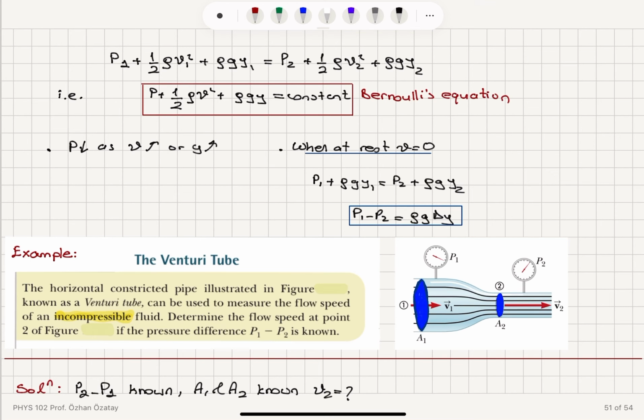And as the velocity of the particles increases, the pressure will decrease. And as y increases, pressure will decrease also. And when the particles are at rest, P plus rho gy is a constant. We have seen one application for the Venturi tube where there is no change in the potential energy of the particles, and we know the pressure differential between two points, 1 and 2, and we know the cross-sectional areas at points 1 and 2.